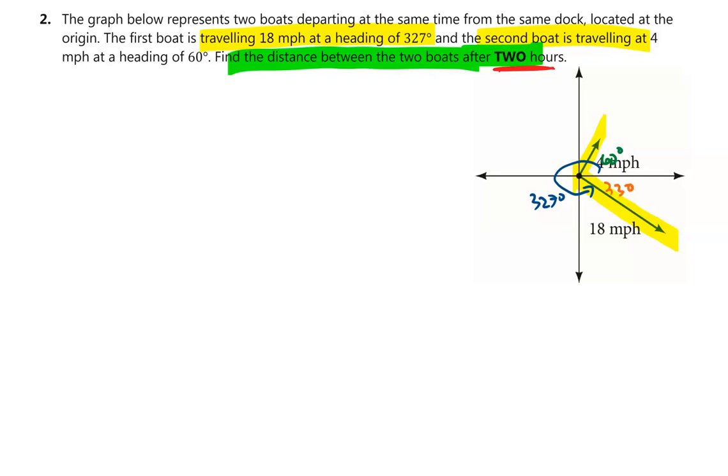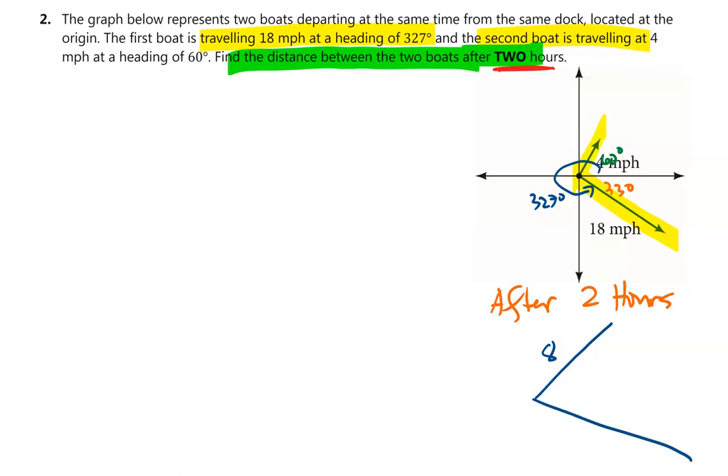So we want to find the distance of the two boats after 2 hours. So we can say that after 2 hours, this is going to be 8, because this is 4 miles per hour, so after 2 hours it's going to be 8.